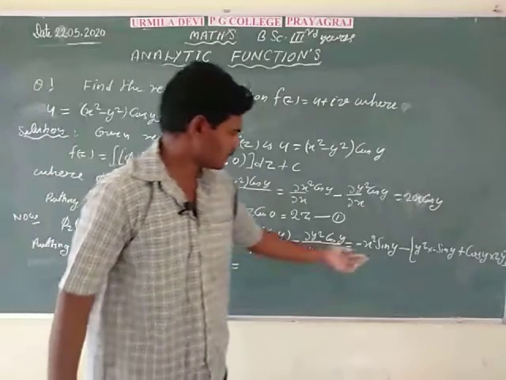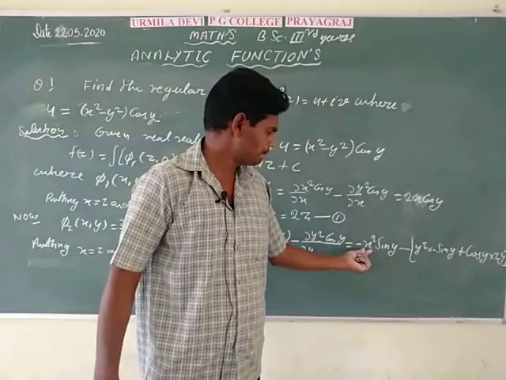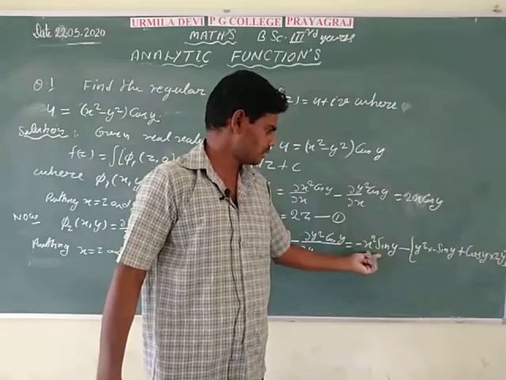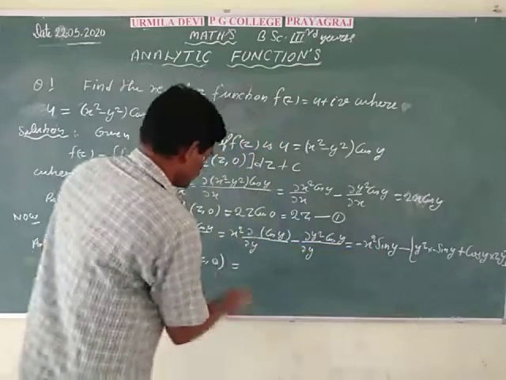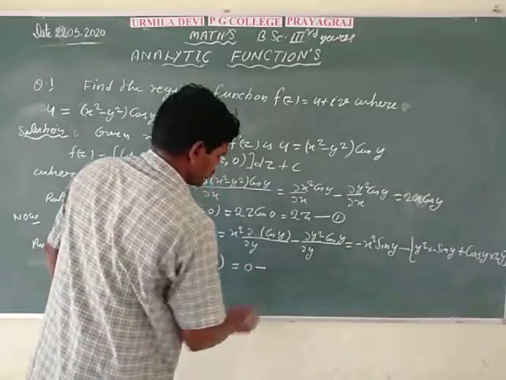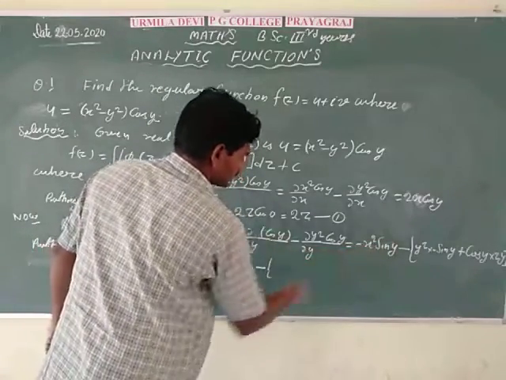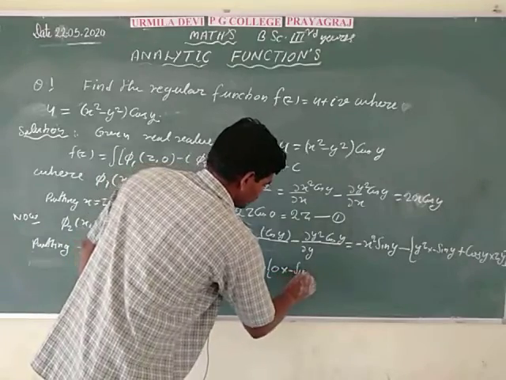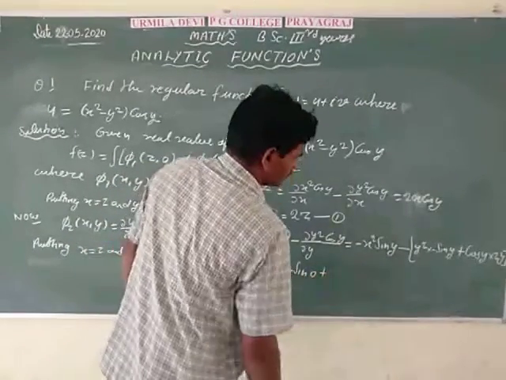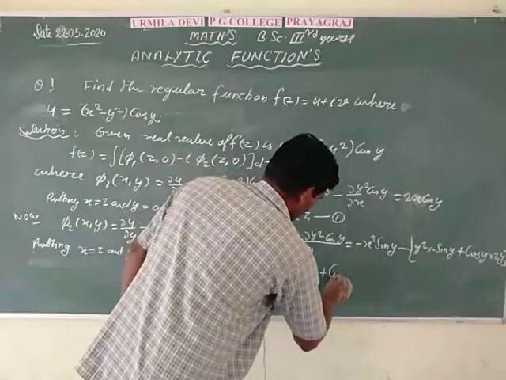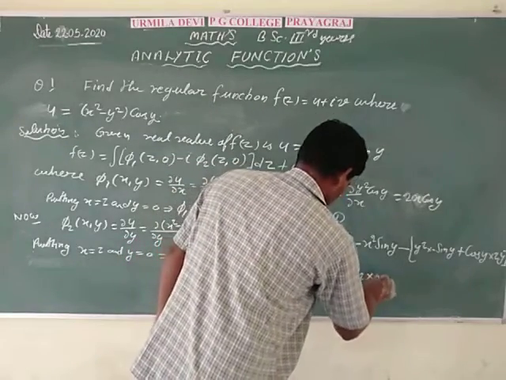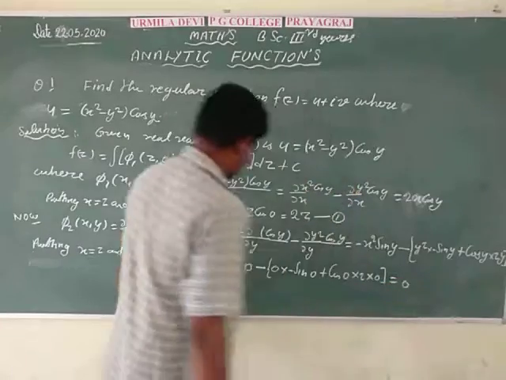in this equation putting x equal to z and y equal to 0, sin 0 is equal to 0, total is 0, minus, in the bracket y is also 0, into minus sin 0 plus cos 0 into 2 into 0, so that is equal to 0.